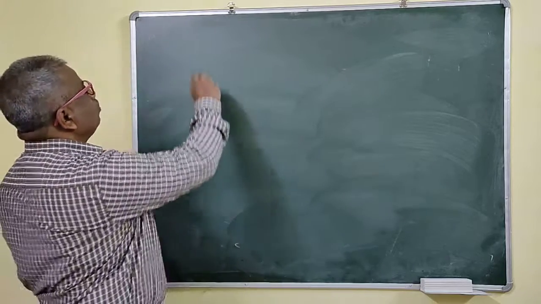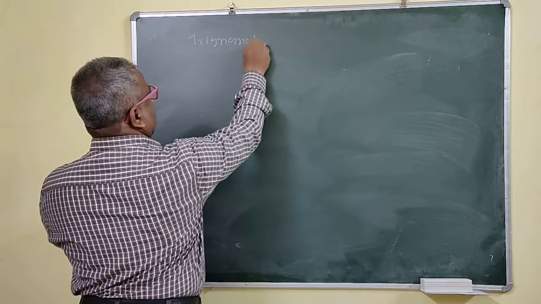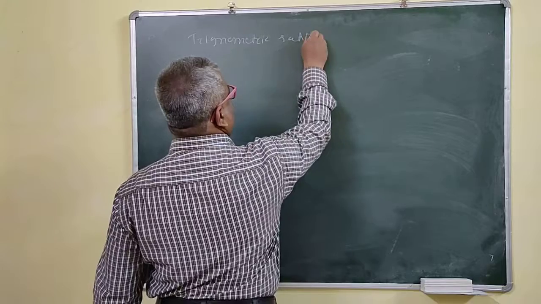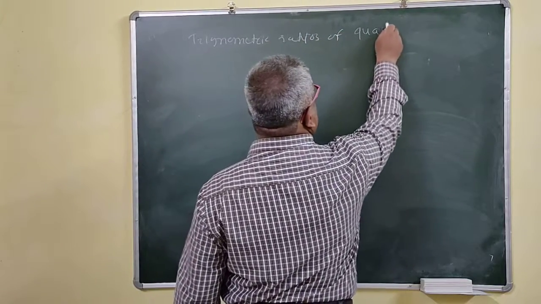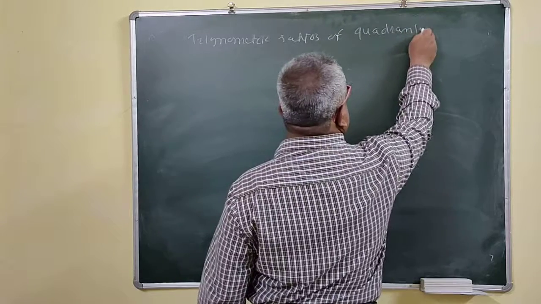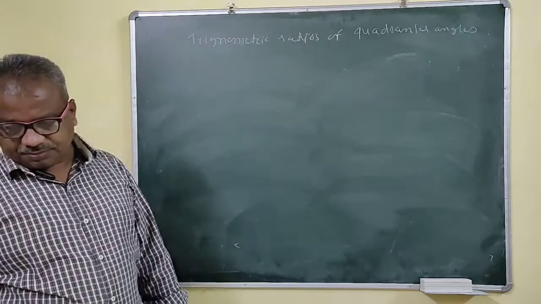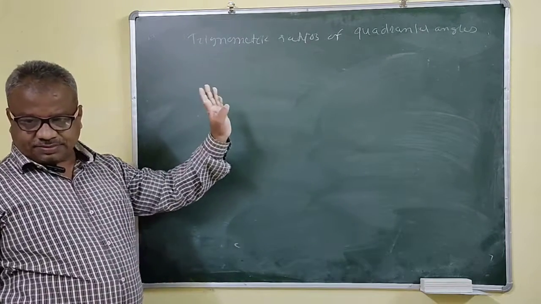Now trigonometric ratios of quadrantal angle. Quadrantal angle means if the terminal arm lies on an axis.